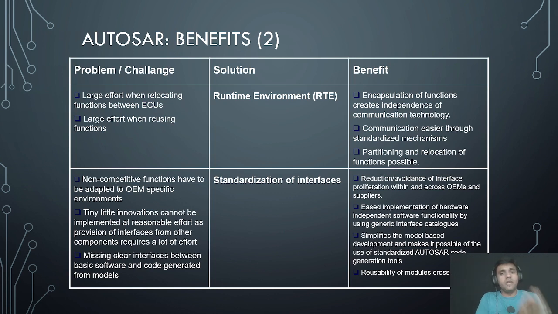But today, since we have a standardized AUTOSAR layer in between, it is rather easy to make these changes, and it gives a lot of flexibility for OEs and tier 1s to concentrate on those very subtle things that add value to their business.